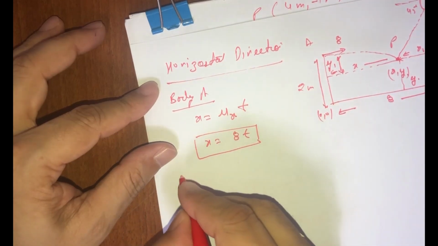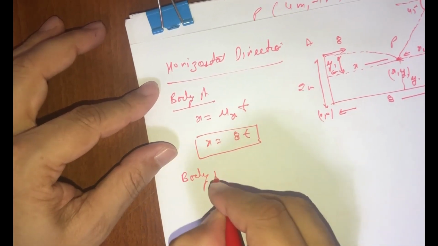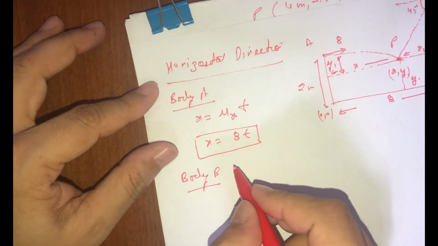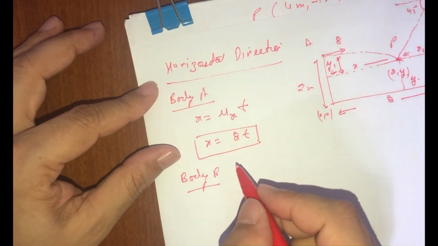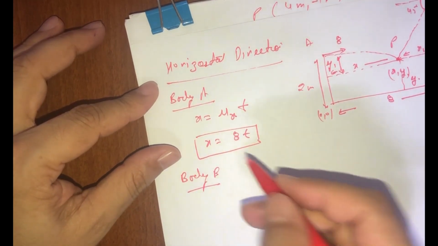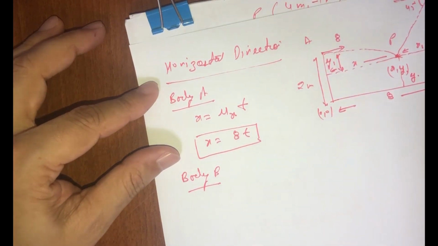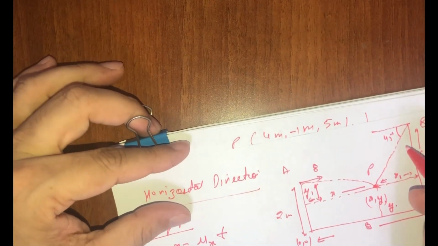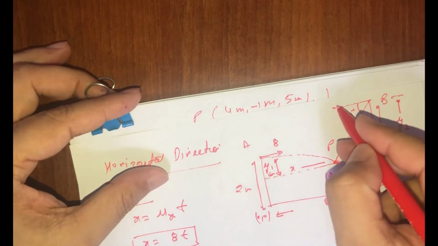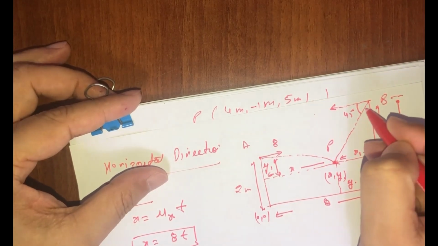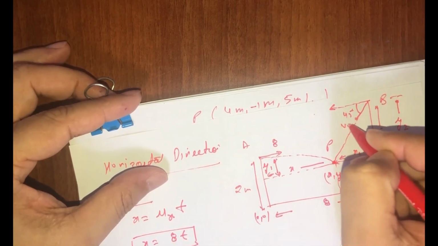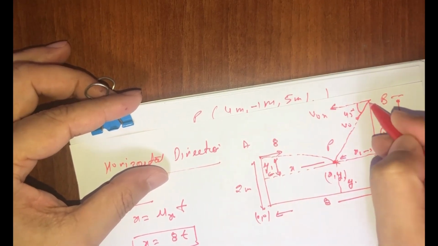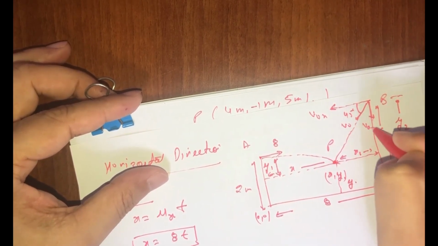Similarly, we can write for body B. We can divide the velocity into two components. It is launched at a velocity v0, so this component will be v0x, and this component will be v0y.